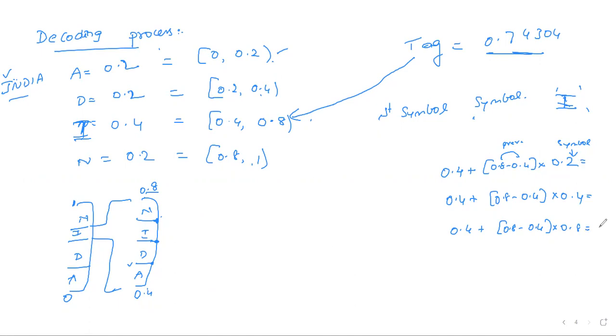What are those values? The first value is 0.48. Next value is 0.56.